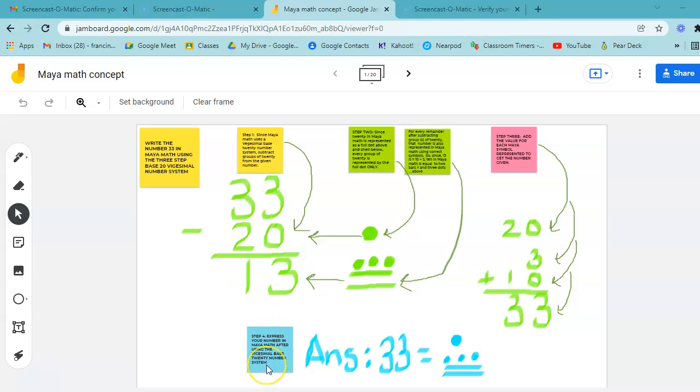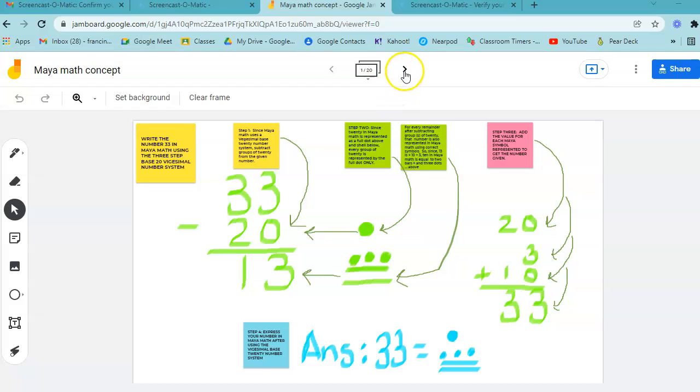Step 4. Express your number in Maya math after using the Vigesimal base 20 number system. Answer equals the number 33, which is equivalent to 2 horizontal bars, 3 beans, and a full dot at the top.